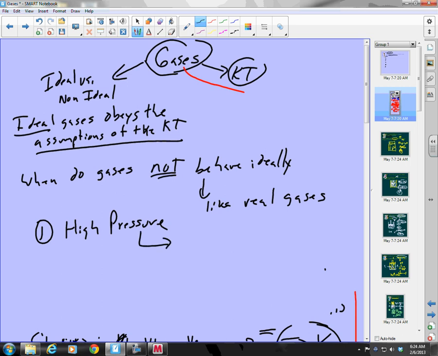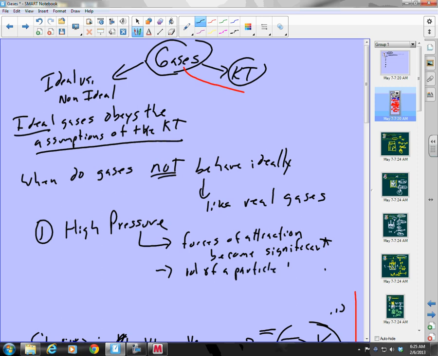And when they're very close together, that means forces of attraction become significant. Not only that, but also the volume of a particle becomes significant.